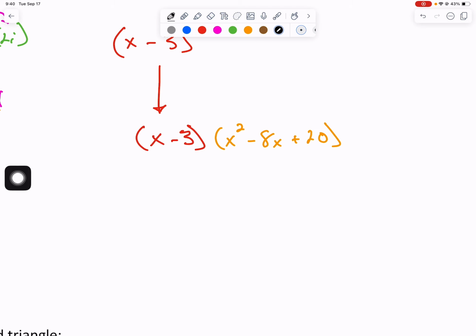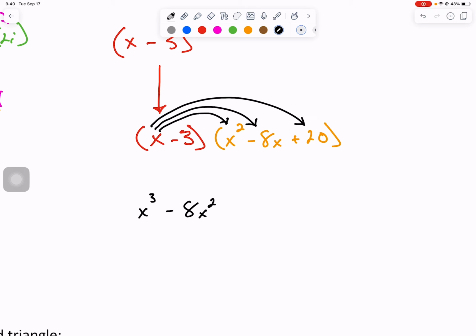Sure, I just prefer to do 2 to 3. That's just me. All right, x times x squared, x cubed. x times negative 8x, negative 8x squared. x times 20 plus 20x.